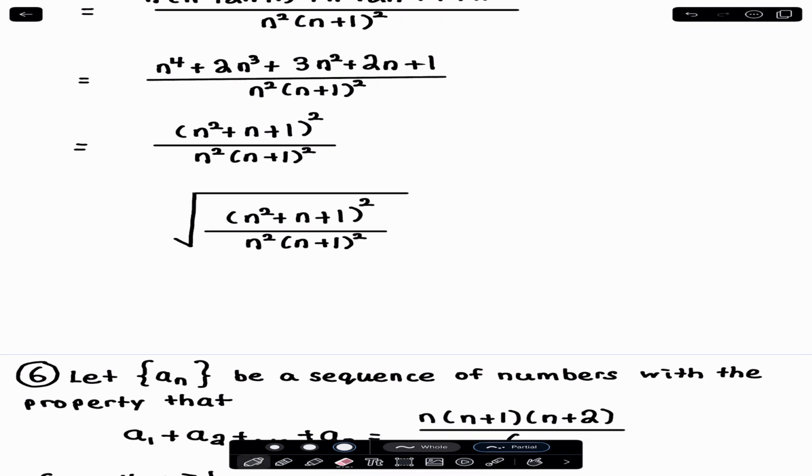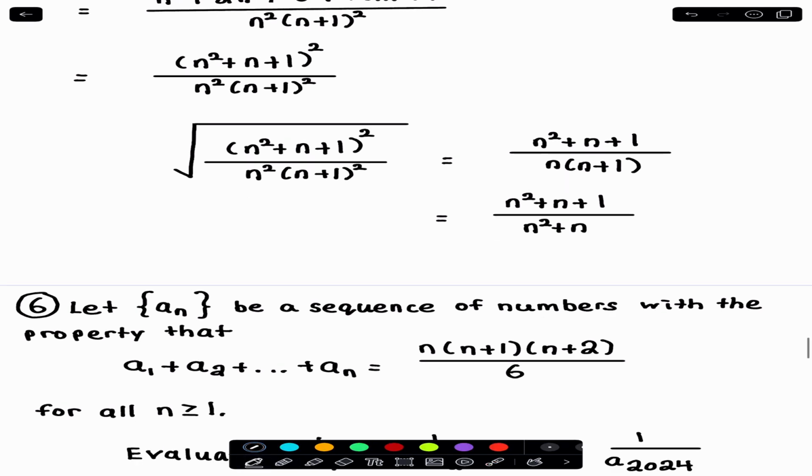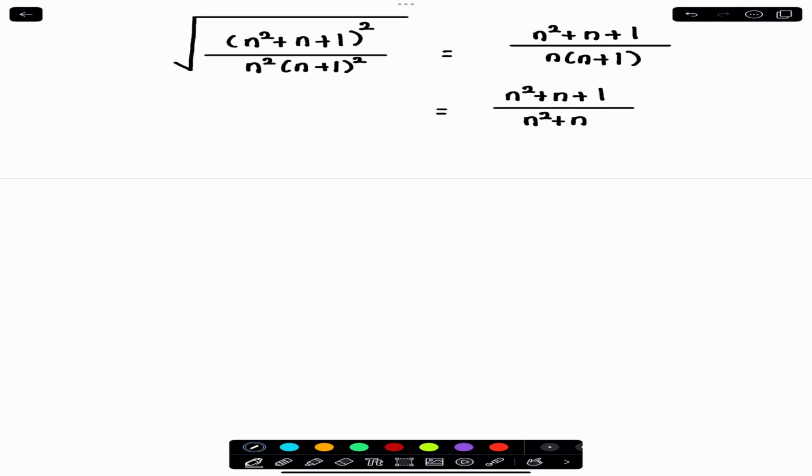And you already know that this square root undoes the square function. So it's almost like we just have this. And this is the same as this when we expand this n times (n plus 1) out, because it allows us to split the fraction up very usefully.